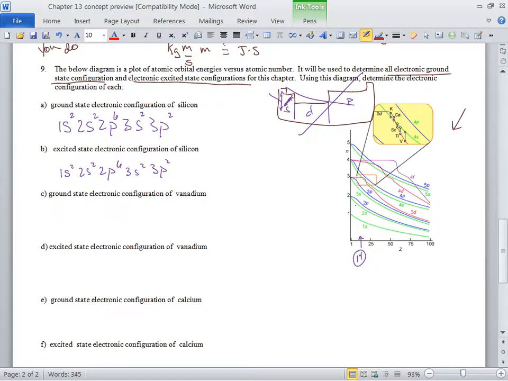Look carefully at 4, it's going up. It's hitting 3d. So you could write 3d0, and instead of writing a 0, just take one of these electrons. Okay, so all those would work.